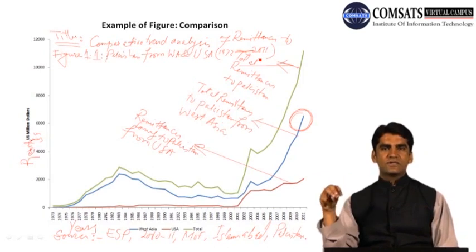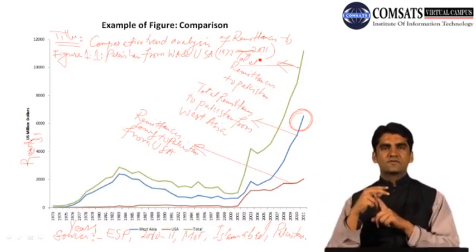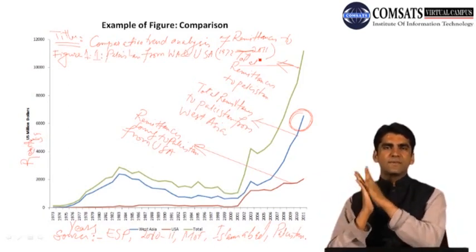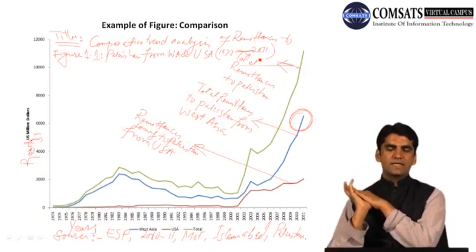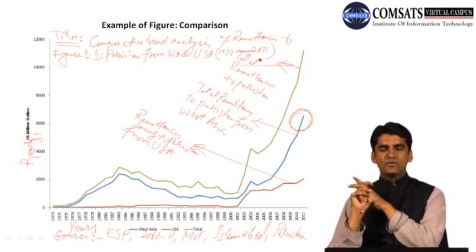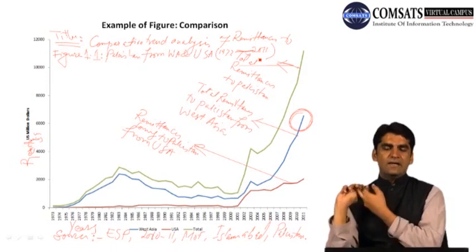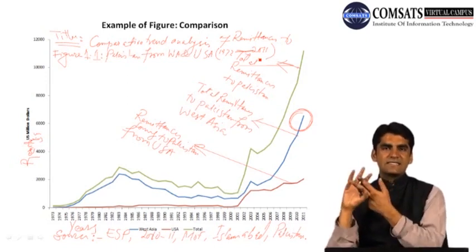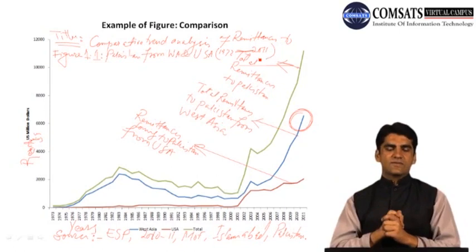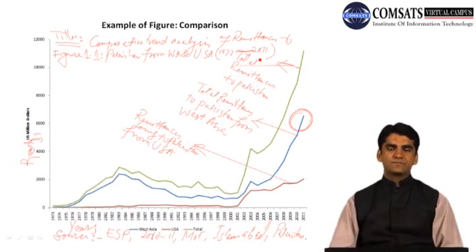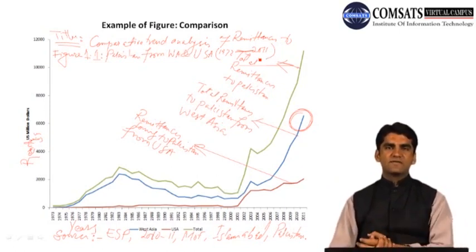Then you have also put the source, that is Economic Survey of Pakistan for that particular year, published by the Ministry of Finance, Islamabad, Pakistan. If you want to explain remittances or something, you can also write it below the sources, but because you have already explained it in your previous graph, there is no need, or at least it is not mandatory, that in each graph you explain the same term again and again.